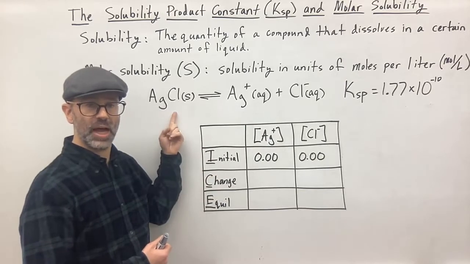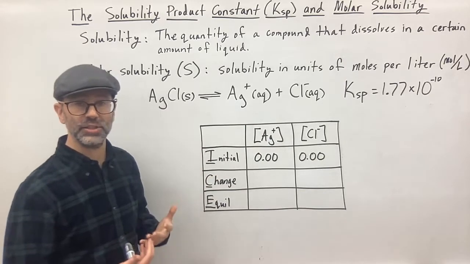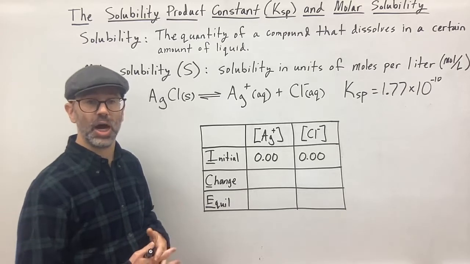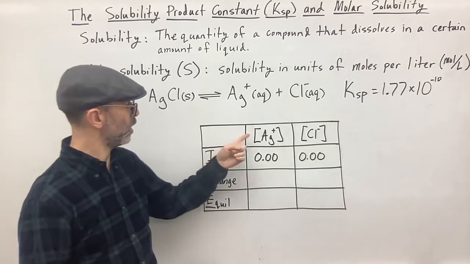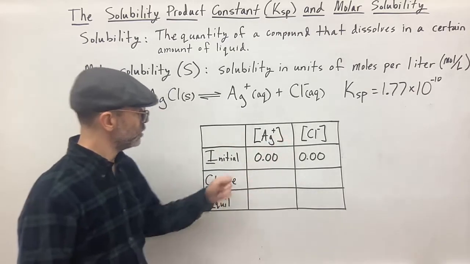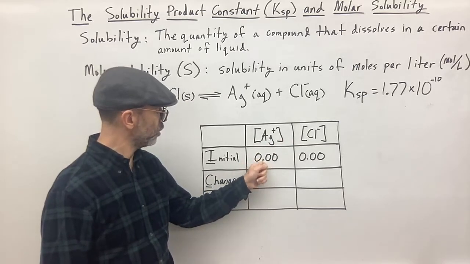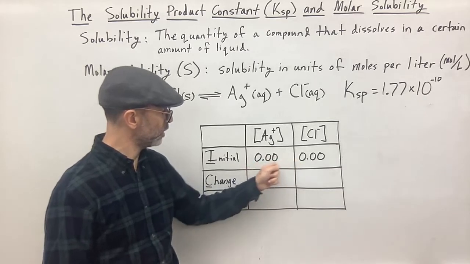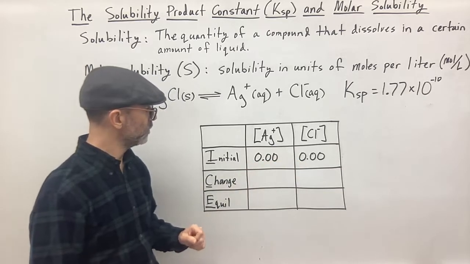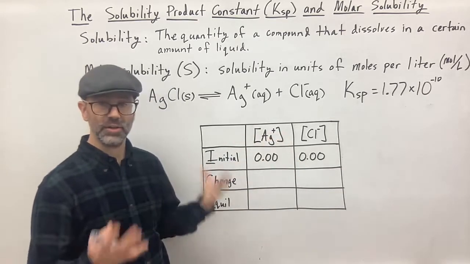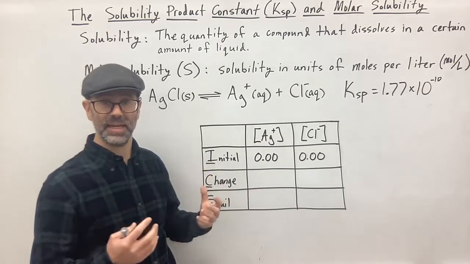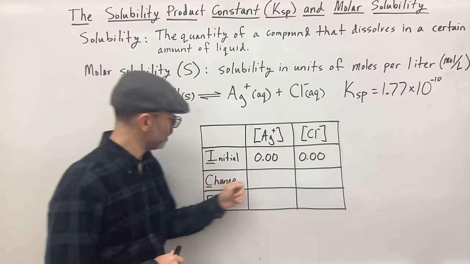Because remember, solids and liquids, their concentrations don't change. Their concentrations are constant. So we only want the concentrations that change here. So we have initially zero moles per liter for our ions, because nothing is dissolved at the beginning.